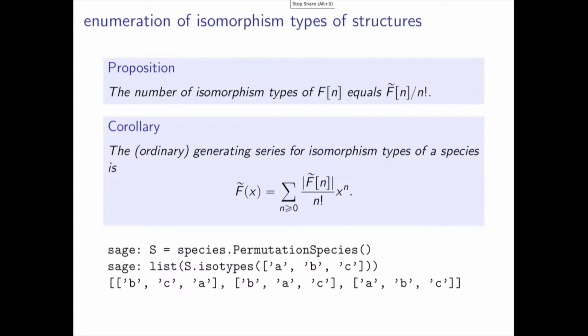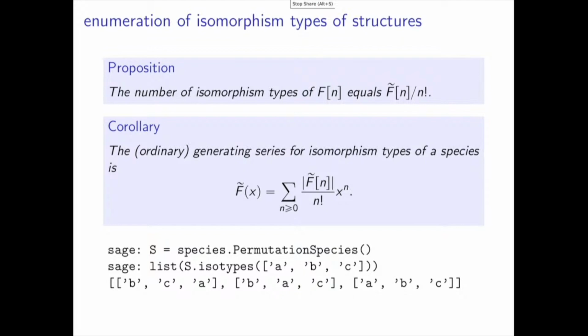And what's more interesting is you can also enumerate isomorphism types. I defined this f tilde species before, though I didn't go much into it. The number of isomorphism types of a set of structures is just, you take the f tilde species instead and divide by n factorial.